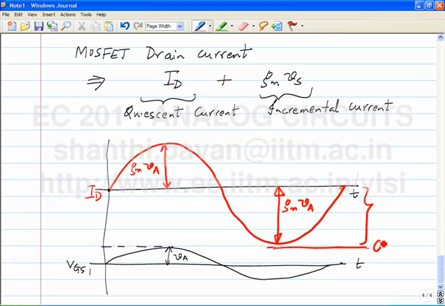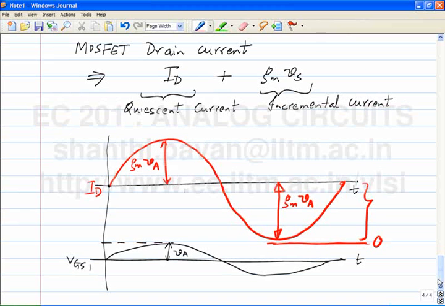On the negative cycle, if the amplitude is sufficiently large, the drain current can go to 0. And if the drain current is 0, what is the transconductance of the MOSFET? The transconductance of the MOSFET is 0. In other words, the MOSFET is dead.